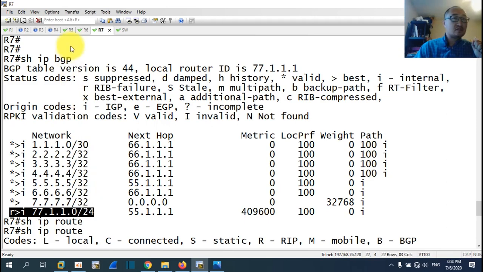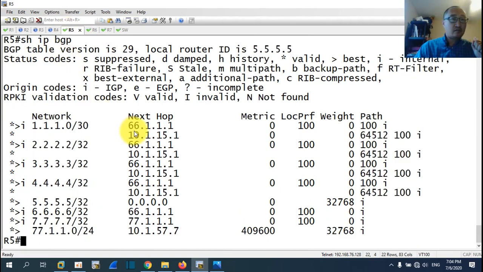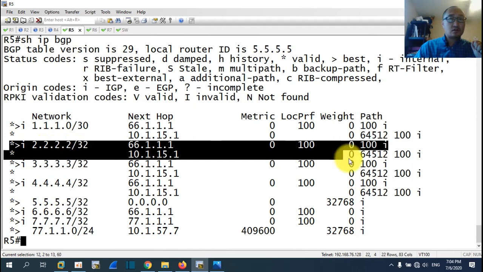Seems like this. Let's say R5. Look at over here. I'm gonna show you this. Look at this, 2.2.2.0/24. But there's two routes, right? Two BGP routes.